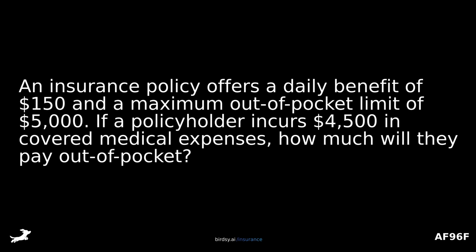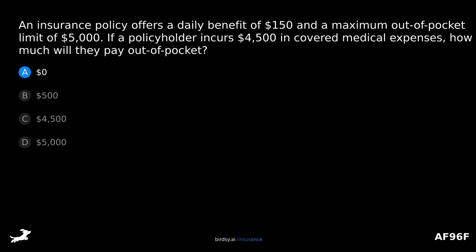An insurance policy offers a daily benefit of $150 and a maximum out-of-pocket limit of $5,000. If a policyholder incurs $4,500 in covered medical expenses, how much will they pay out of pocket? Is it A, $0, B, $500, C, $4,500, or D, $5,000?